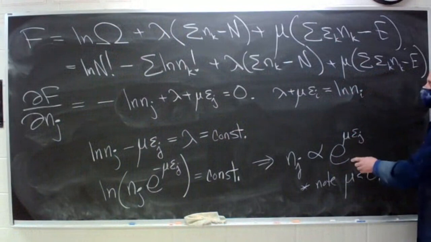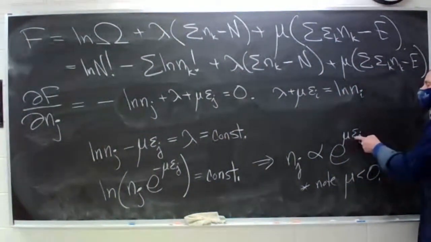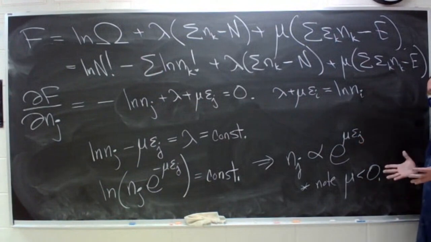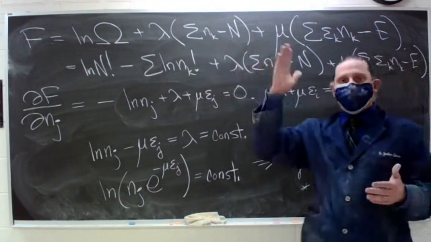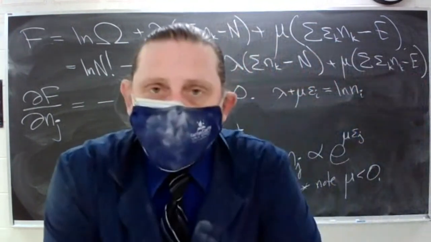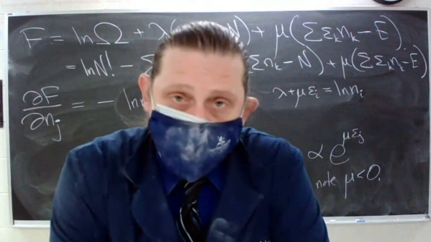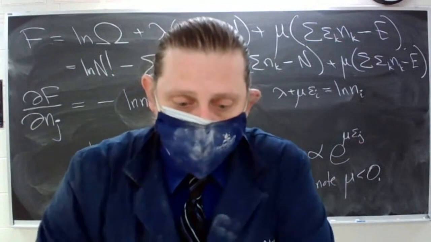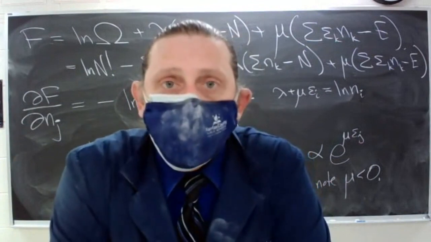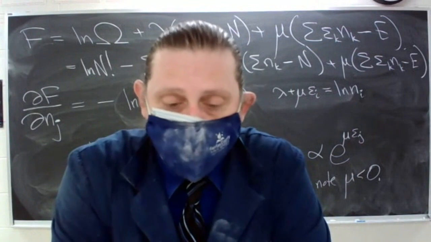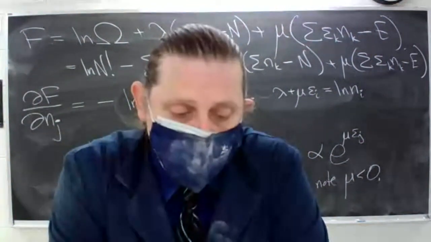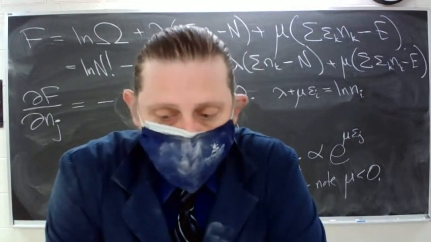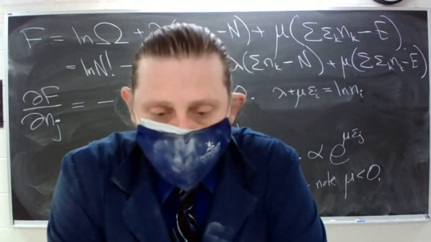And this mu tells us the dividing line between energies that are accessible, where this exponential factor doesn't suppress the occupation that strongly, and states that are inaccessible, where this exponential completely suppresses the occupation.